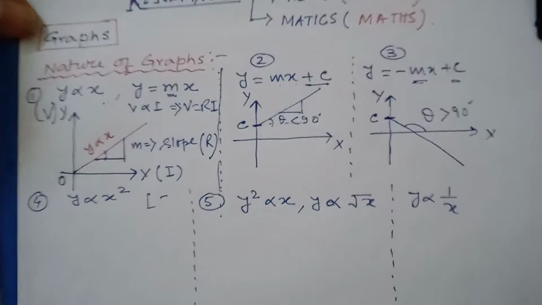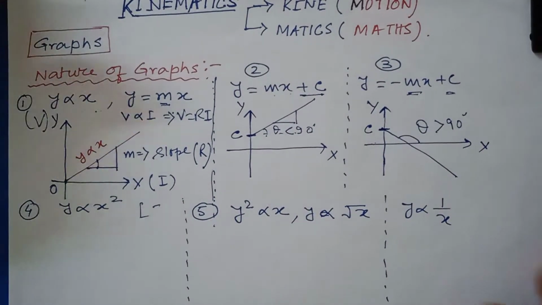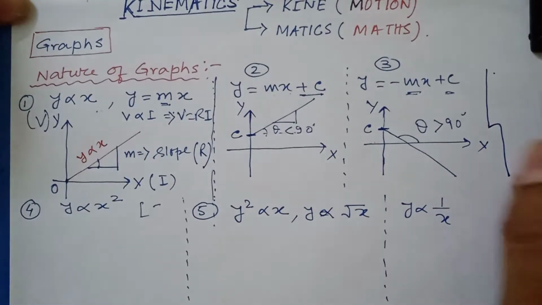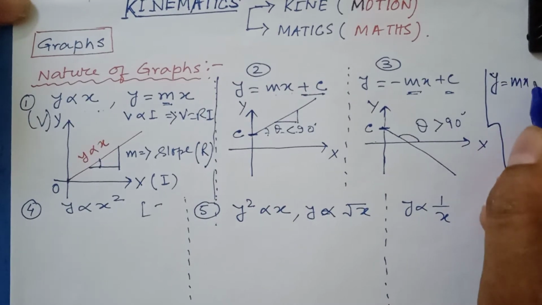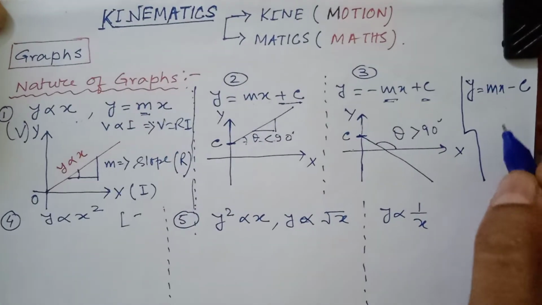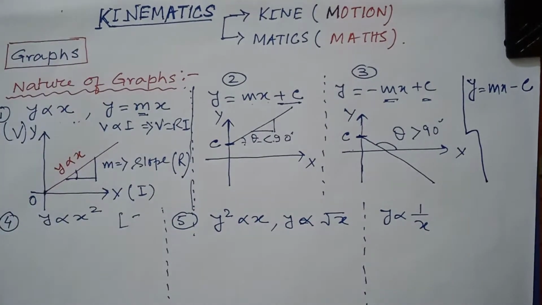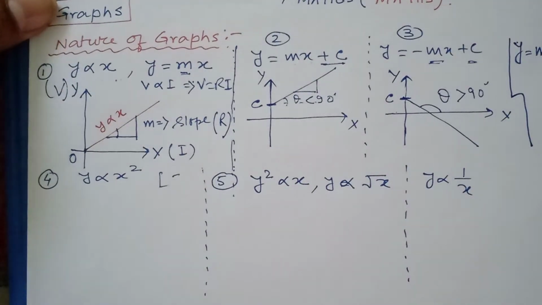Clear? Suppose there is minus c, then please draw the graph: y equal to mx minus c. So if there is minus c, then what about the graph? Please draw it.